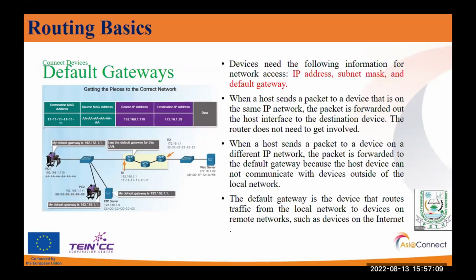So that's why we need the default gateway, and in any network block, the first address should be the gateway of this network, and also the IP address of the connected router.